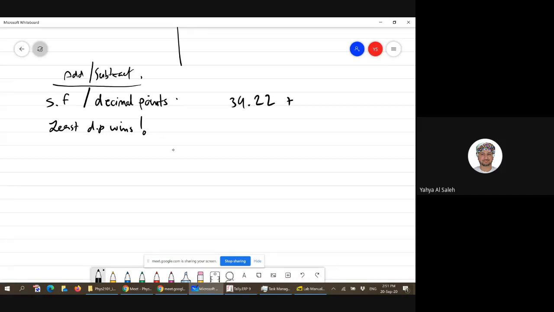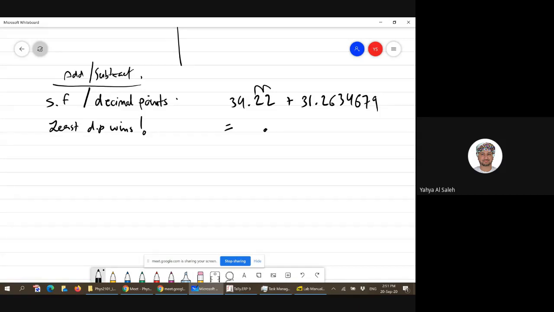So if I am doing 34.22 plus 31.263469, I can only report my final result to 2 decimal places, because that is the least accurate, the least precise measurement I have.